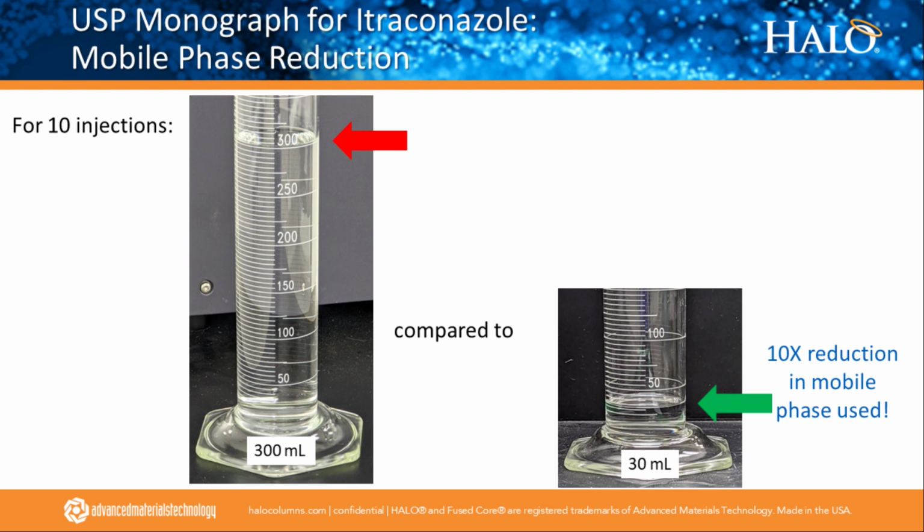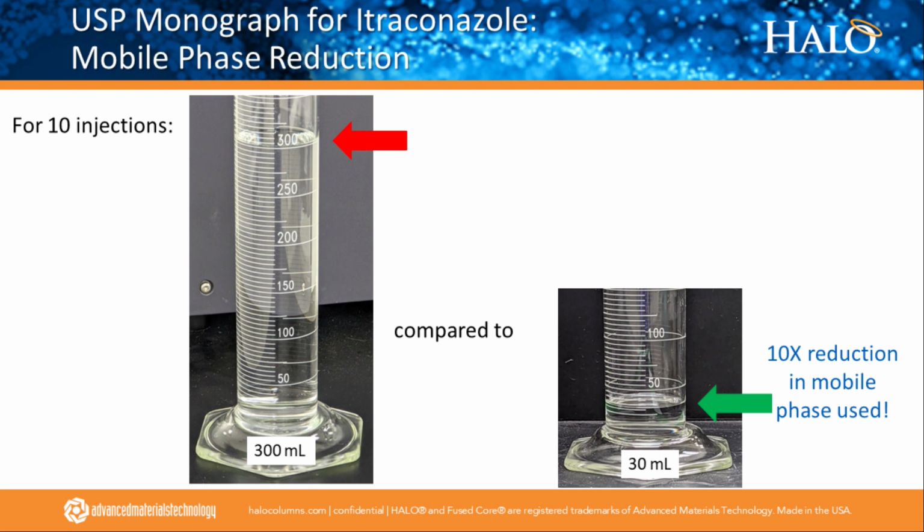So for labs that are looking at reducing their chemical footprint and maybe also want to reduce their waste disposal cost, moving to the smaller particle, smaller ID, and shorter length columns would really add up to big savings over time.